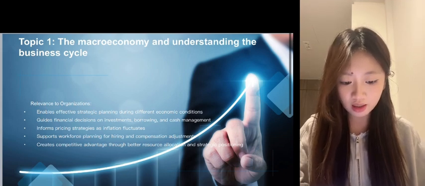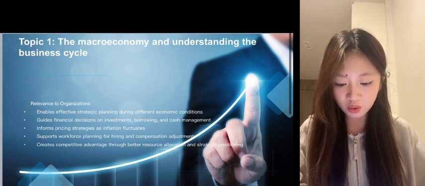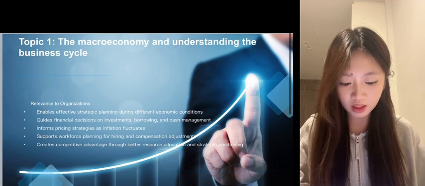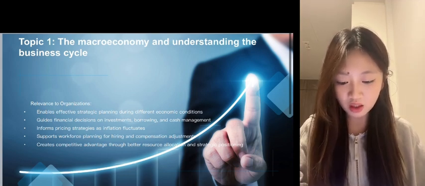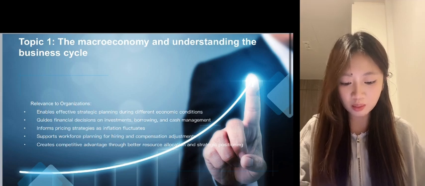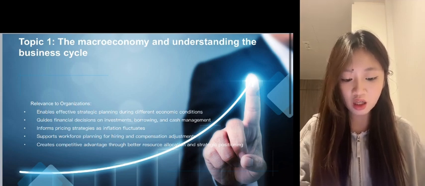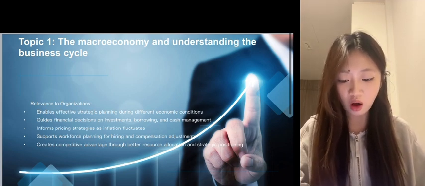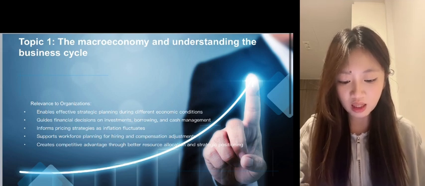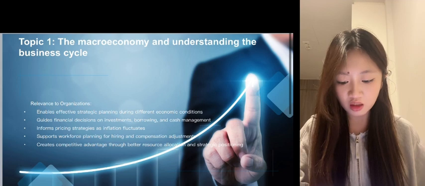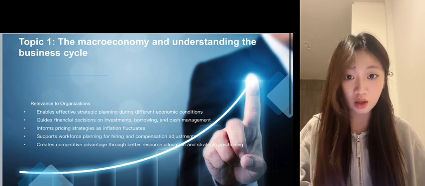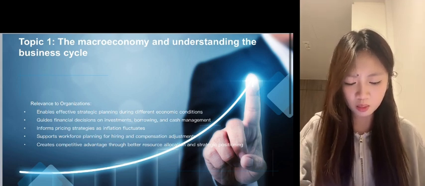This knowledge guides financial decisions regarding investments and borrowing, informs pricing strategies as inflation fluctuates, and supports labor market planning for hiring and compensation. Organizations that effectively interpret these indicators gain competitive advantage through better resource allocation and strategic positioning in different economic environments.